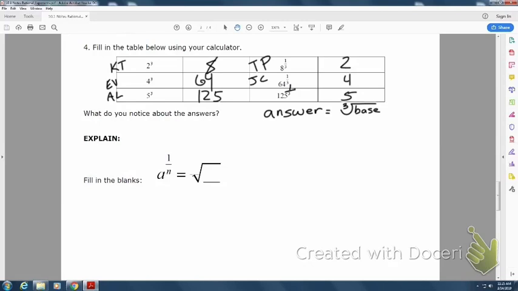And to connect the two different tables that we have there, you need to know that the cube root is the opposite of raising something to the power of 1/3.